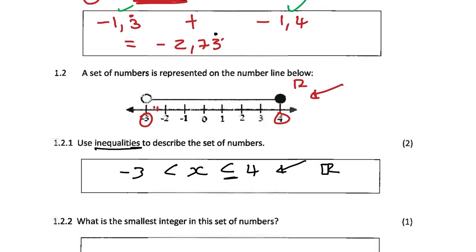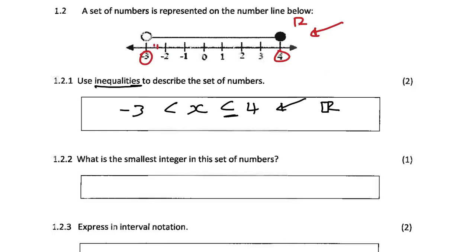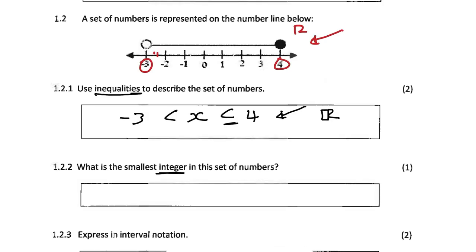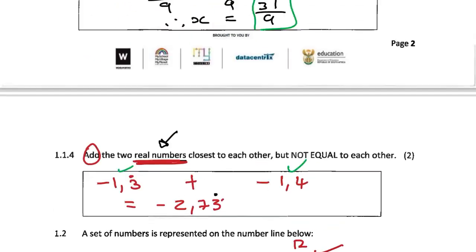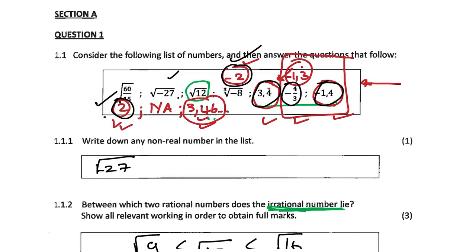Okay, and then they say, what is the smallest integer in the set of numbers? Remember, an integer is a positive or negative whole number. So if we look at our numbers here, what is going to be the smallest integer? It will be this negative 2.